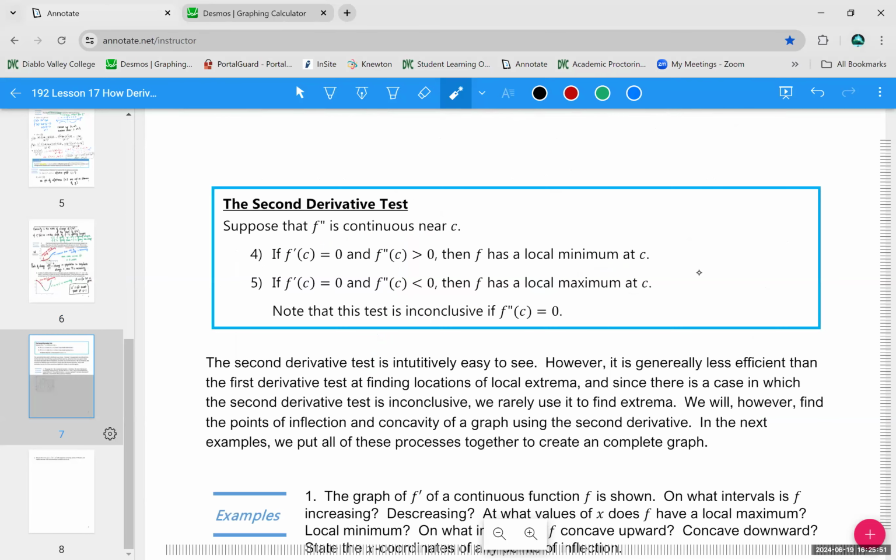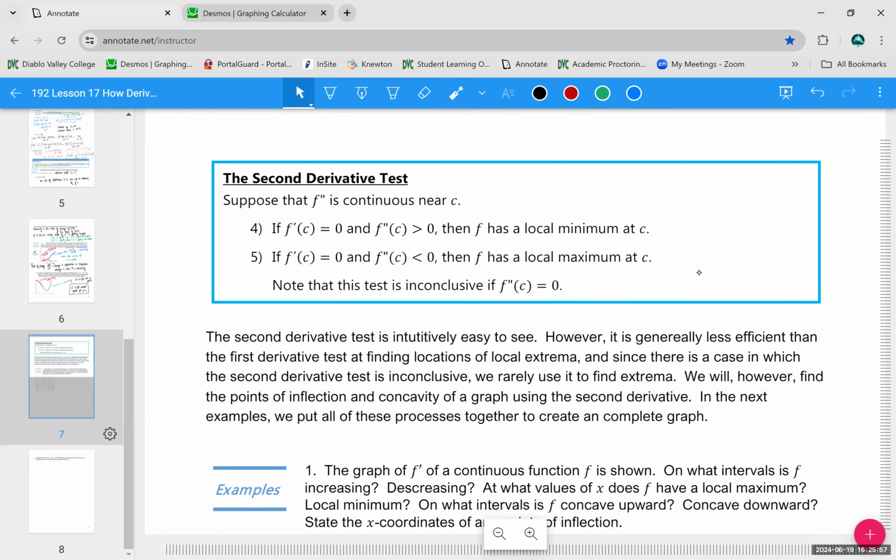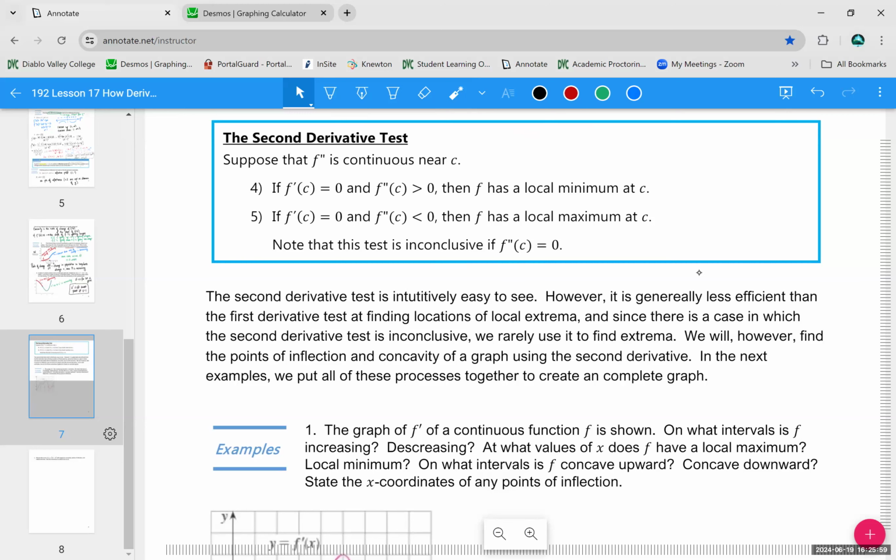Okay, and then last but not least, I just wanted to identify the second derivative test, which we actually don't use much because the first derivative test is much more helpful. But go ahead and read it.